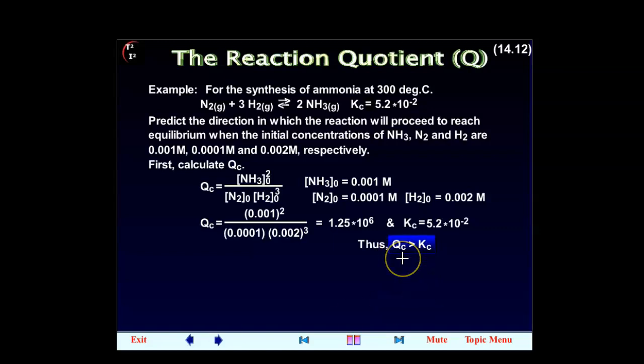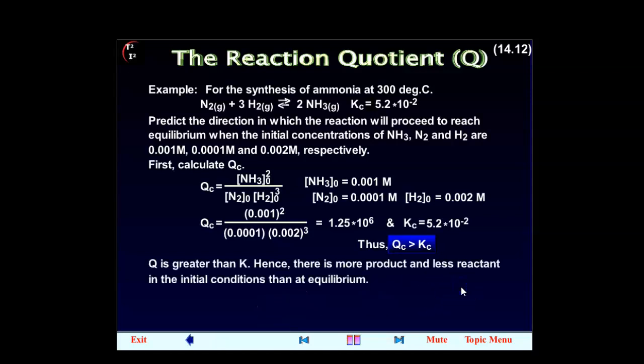So in this case, what happens? Where will the equilibrium shift to? When the Q of C is greater than K of C, Q is greater than K. Hence, there is more product and less reactant in the initial conditions than at equilibrium.